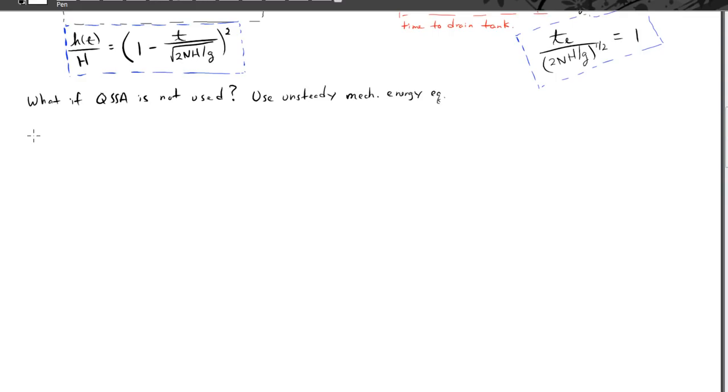So if we write this out, what we find is we have the time derivative of the total amount of kinetic and potential energy in the system.